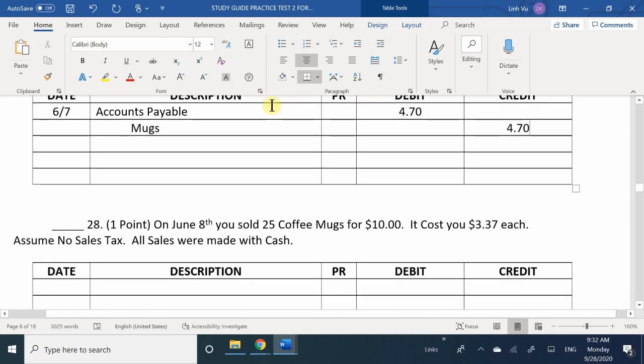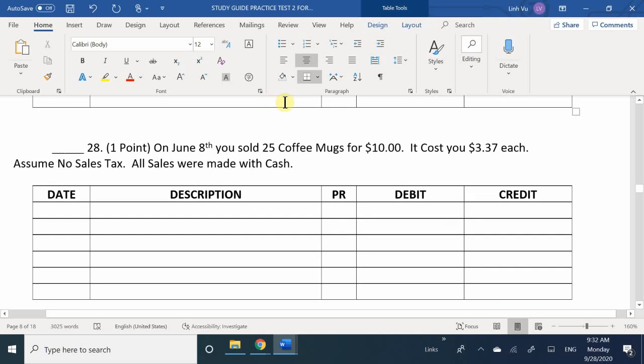No? Okay. All right, so 28. On June 8th, you sold 25 mugs for $10 each, and it cost you $3.37 each. Assume there's no sales tax, so all sales were made with cash.